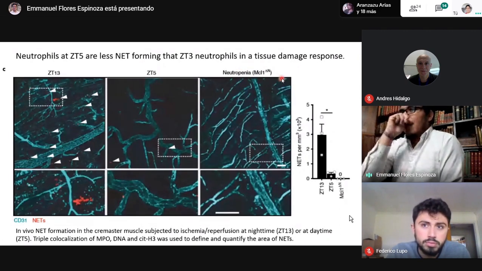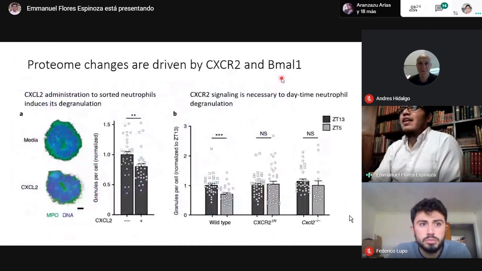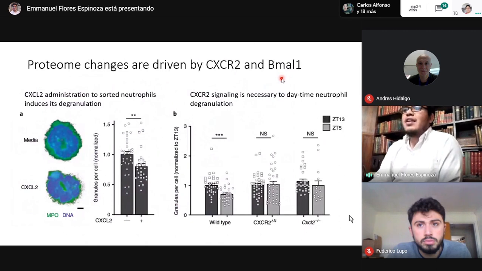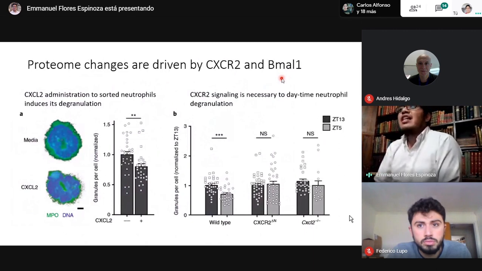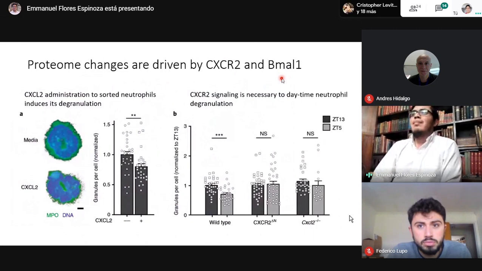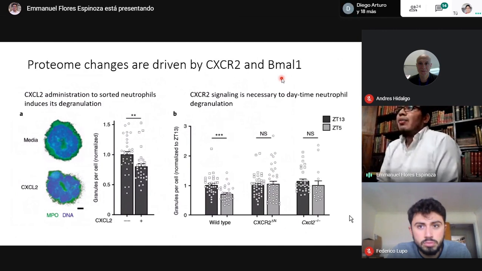And then they analyzed if these differences in the proteome and effector responses of neutrophils can be related to the mechanism that they saw in the last paper, that is the molecular clock Bmal1 affected by CXCR2.